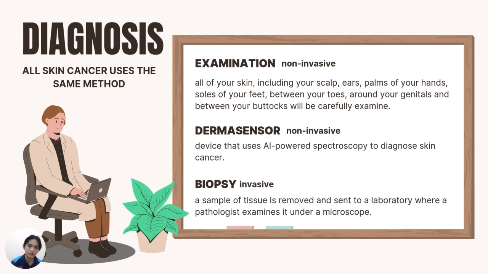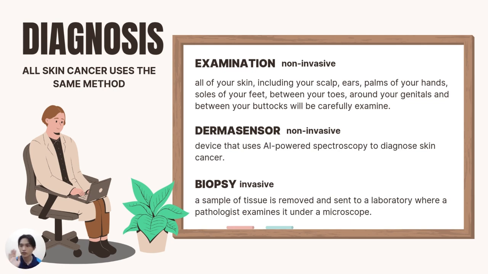By using non-invasive and invasive methods. Non-invasive, such as examination, or we can use dermasensor, which is a technology that uses the light spectrum to see how a cell reacts to the light, how it scatters the light into a spectrum, and it can determine whether it's a cancer cell or not.